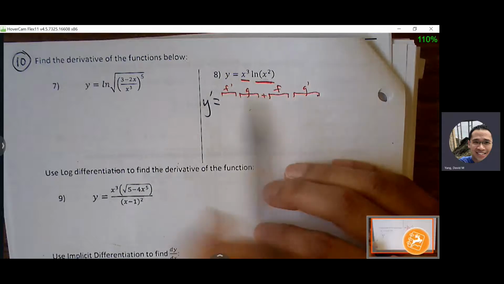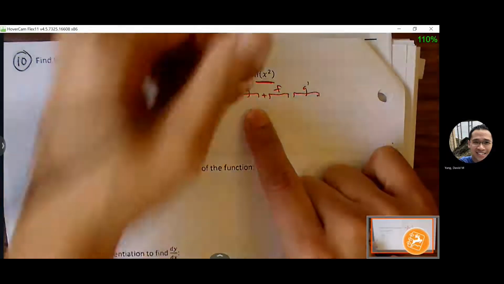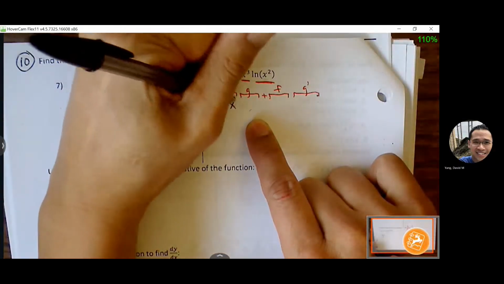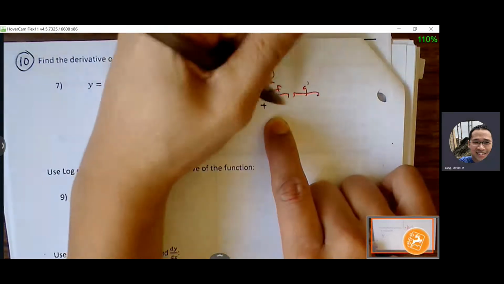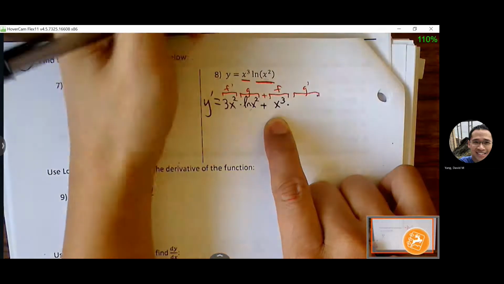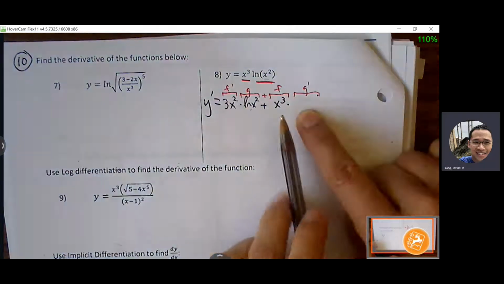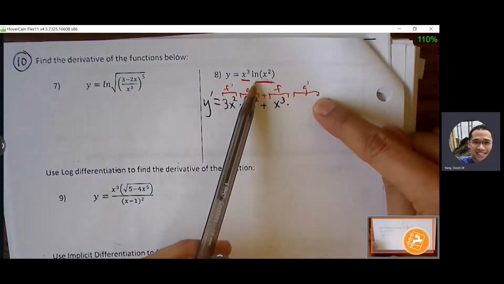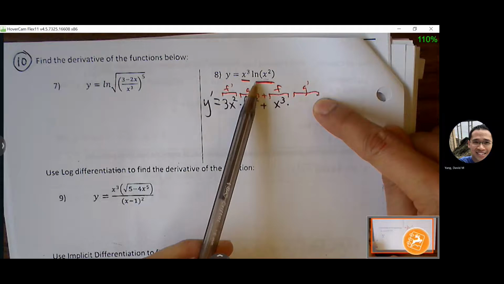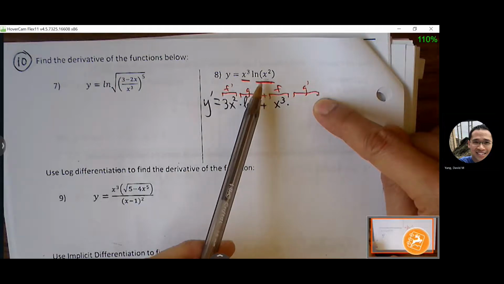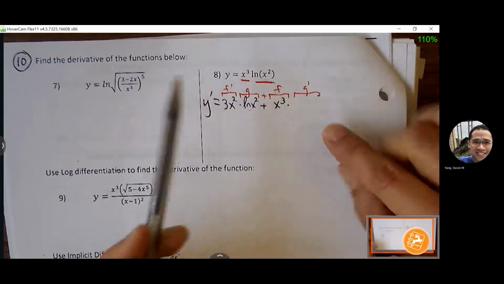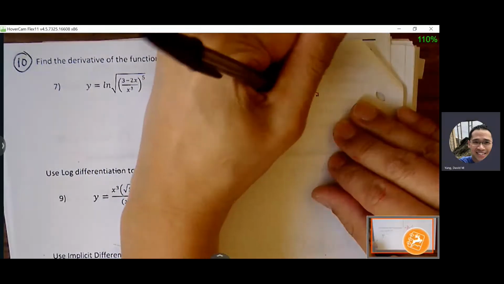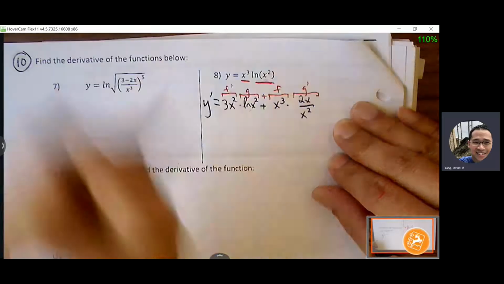F prime G plus F G prime. And then G prime. What's G prime going to be for natural log of x squared? What's U prime over U? 2x over x squared.